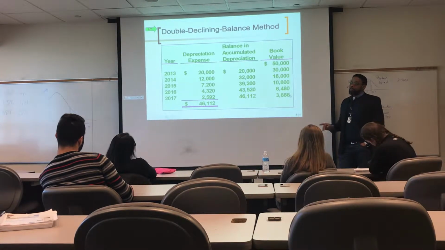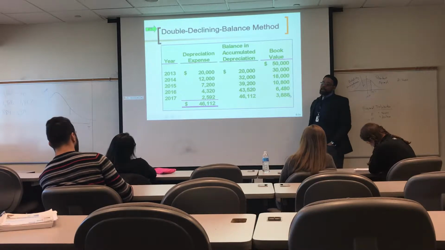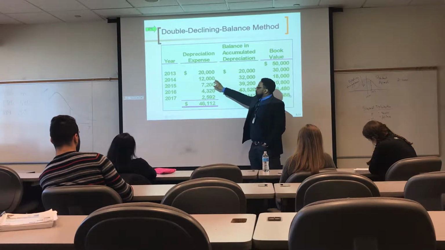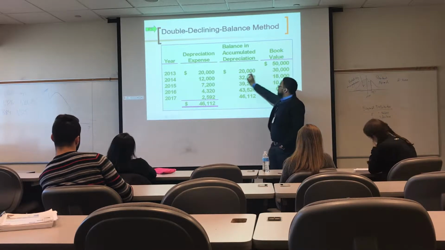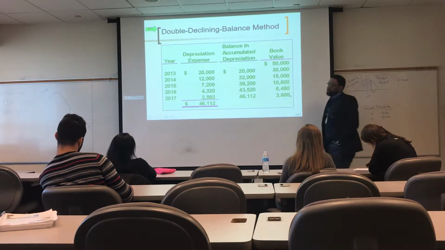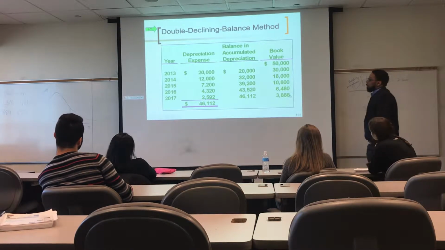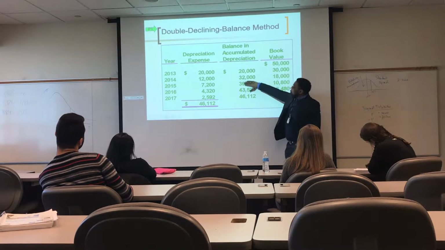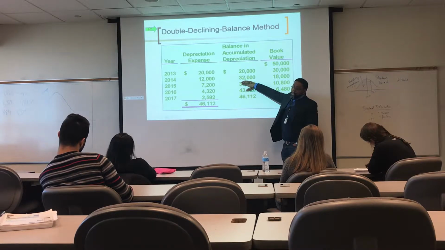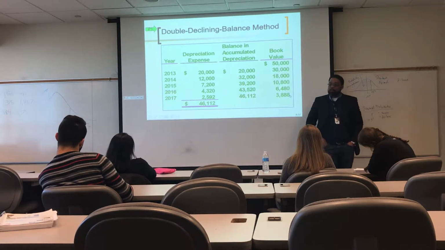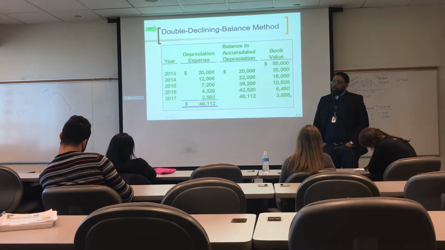The second year, we're going to take 40% of $30,000. So 40% times 30,000 is $12,000. 30,000 minus 12,000 is 18,000. Let me take a second here to show you how front-loaded this is. We've taken $32,000 of the $50,000 valuation in the first 2 years. It's quite a bit. That makes sense.